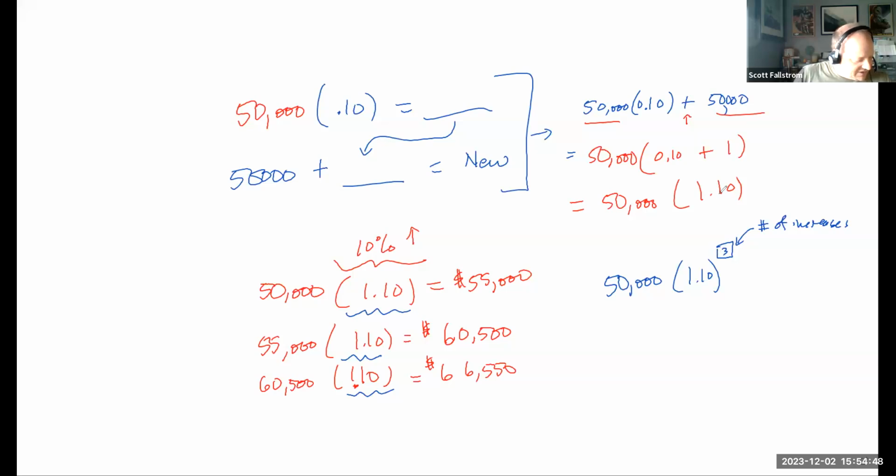I type in $50,000 times 1.10 raised to the third power. I press equals and I get 66,550. And holy cow, that is very fast.